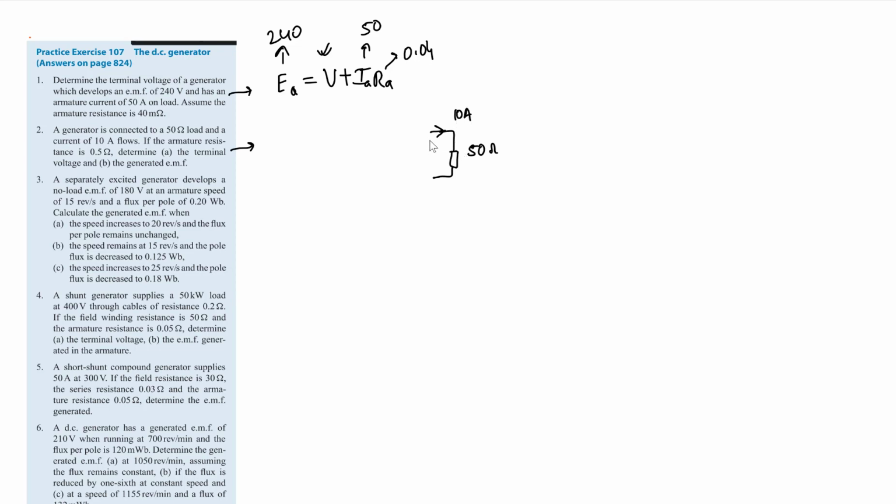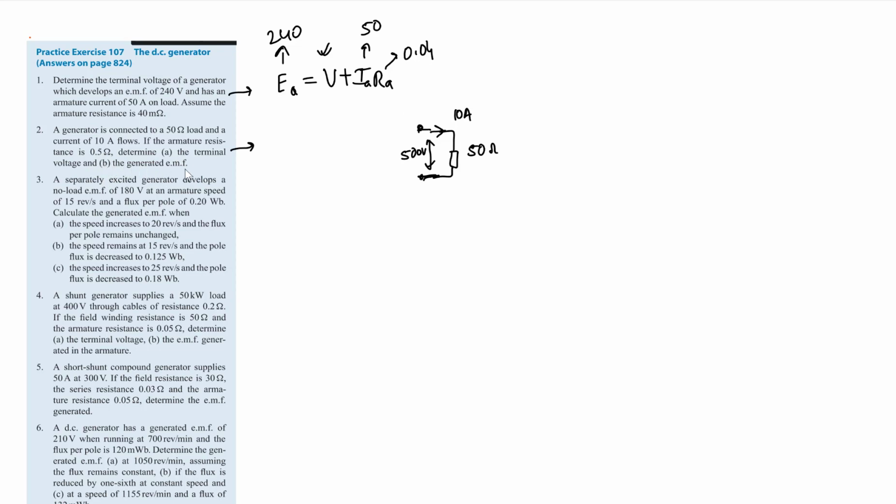So the voltage across this load is 50 into 10 ampere, which is 500 volt. We can find the voltage across the terminals of the load.